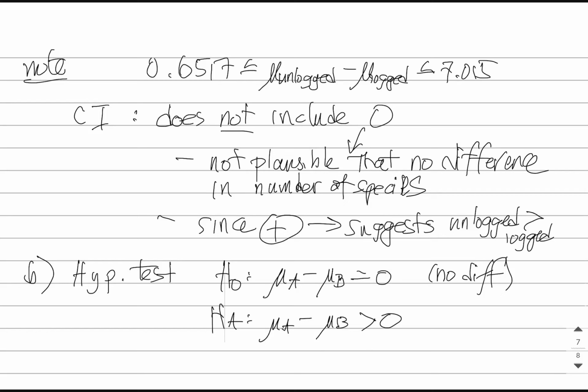We suspect that there are more species, more diversity on the unlogged plots rather than not. So this would be a right-tailed test, and that would mean that the null is really less than or equal to. Because remember, what we're trying to do is separate or partition this up into two portions.